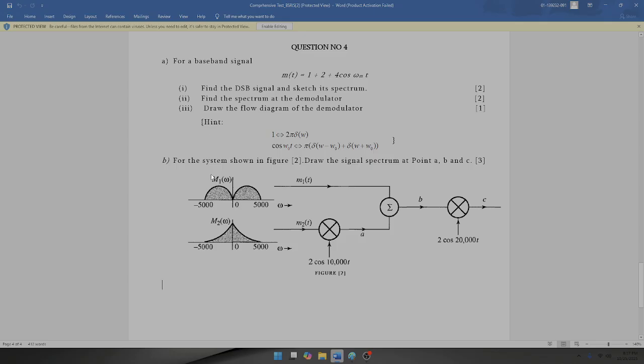coming back to this question now, before you're able to solve this numerical, you need to know how demodulation and modulation work.